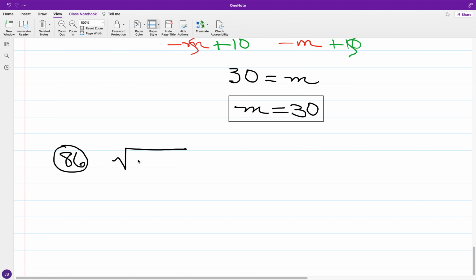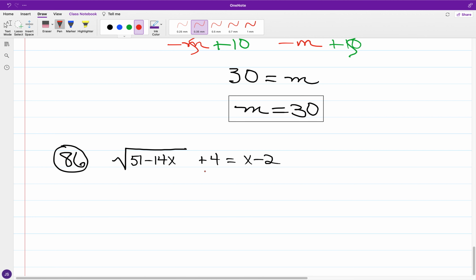And for what we have in the case of 86, now we have an even root radical with the square root. And here we have the square root of 51 minus 14x, followed by the addition of 4, is equal to x minus 2. So you have only one radical term with the square root of 51 minus 14x. And if I get this by itself, I can just take away 4 from both sides.